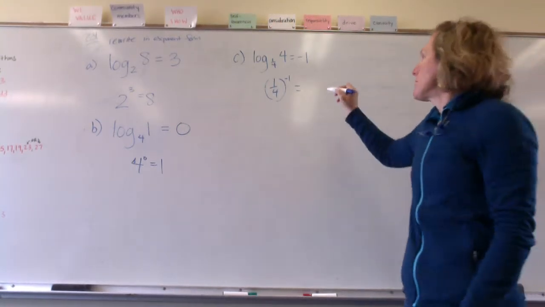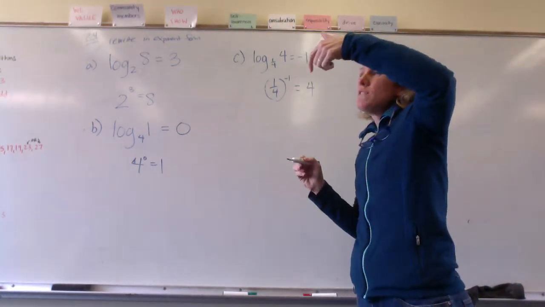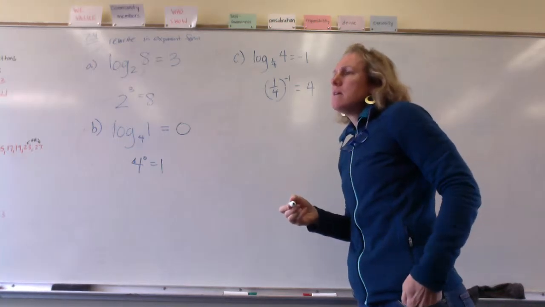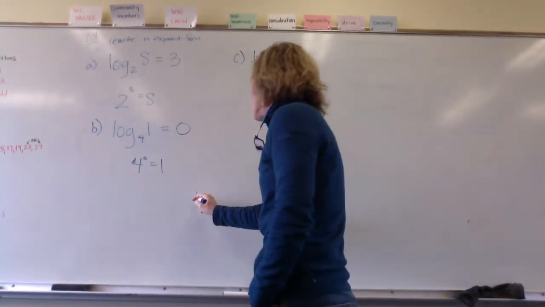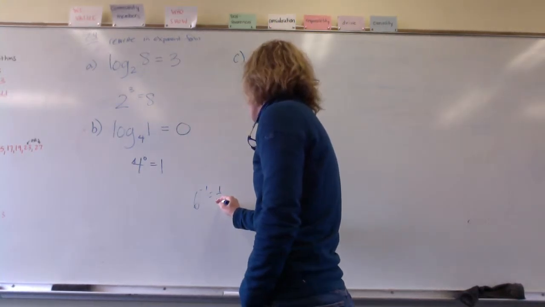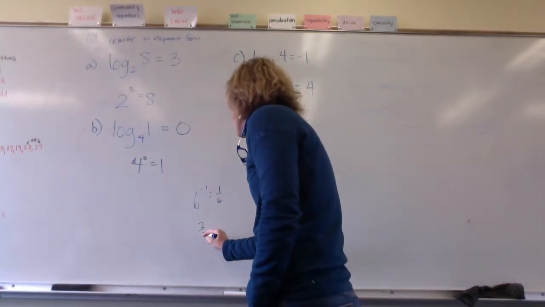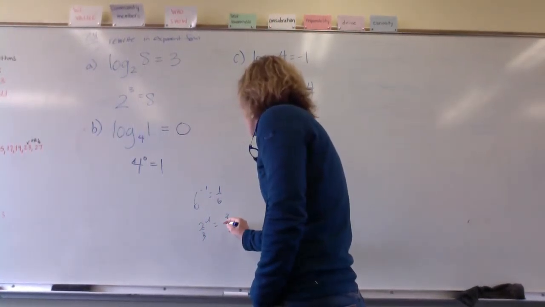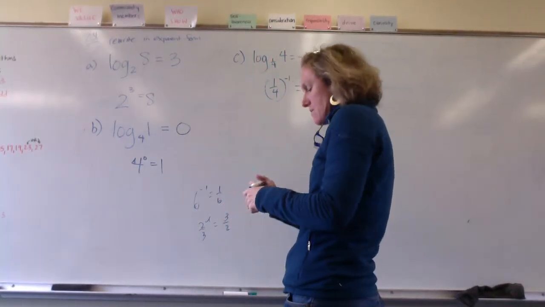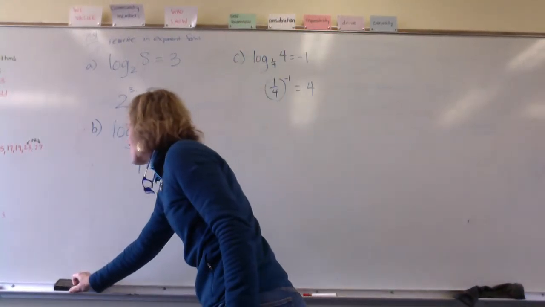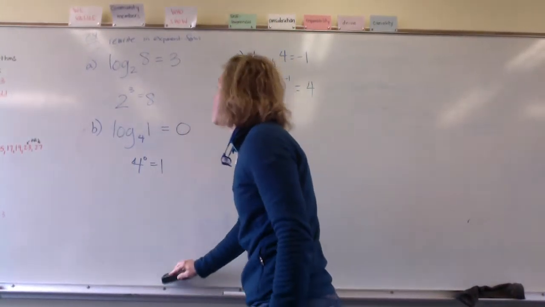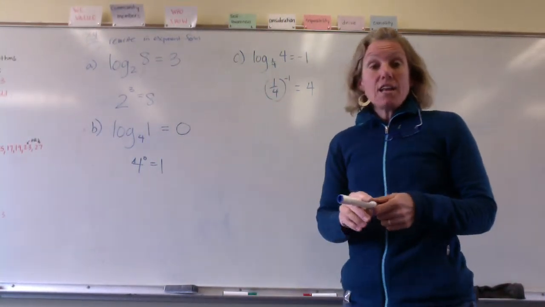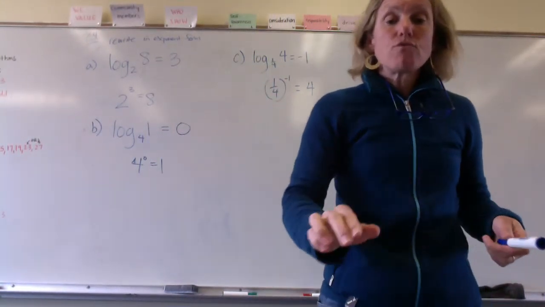Flip it. Or if it's a fraction, just flip it. If it was 6 to the -1, I would say 1/6. But if I had 2/3 to the -1, I would flip it, right? If it's already in fraction form, I would just flip it. So that's just being able to rewrite a log. And if you can rewrite a log, you can solve it.